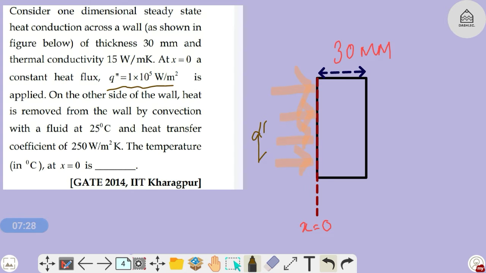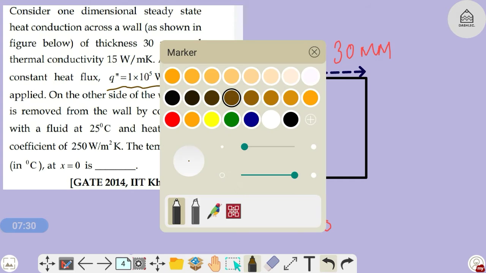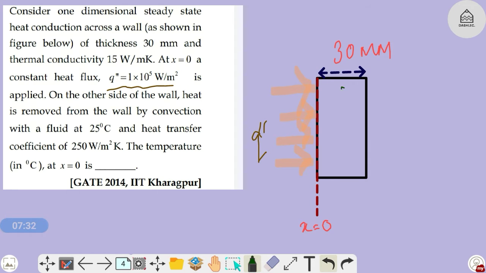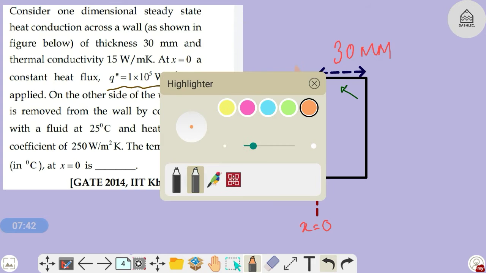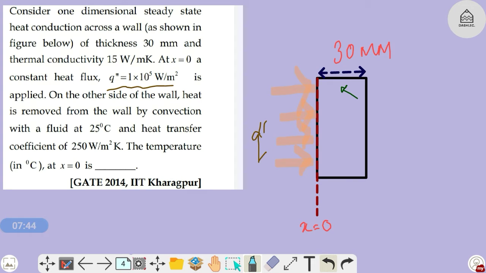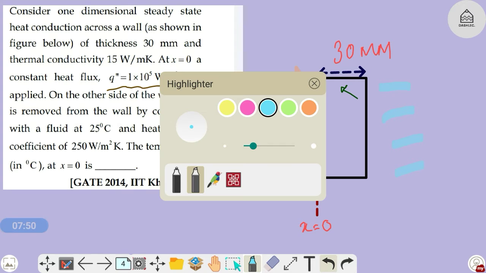The thermal conductivity of the material is also given. And on the other side of the wall, heat is removed by convection. Here it is removed by convection, and h is given.